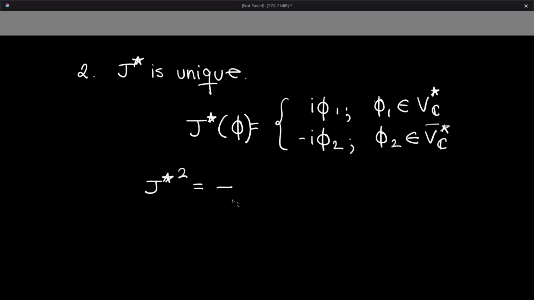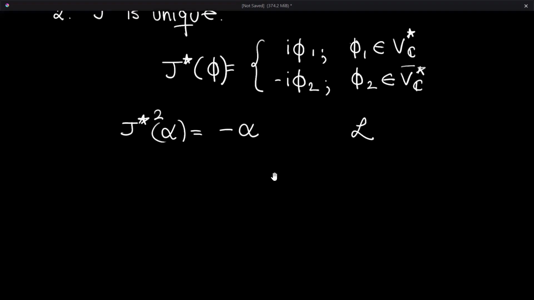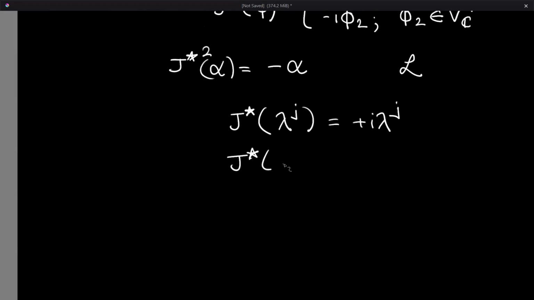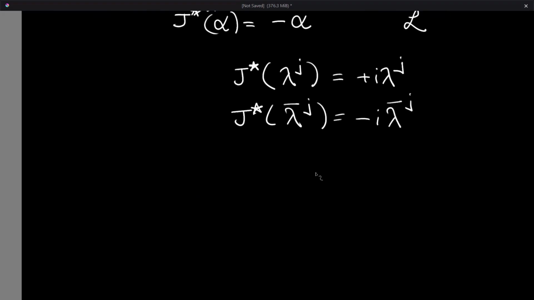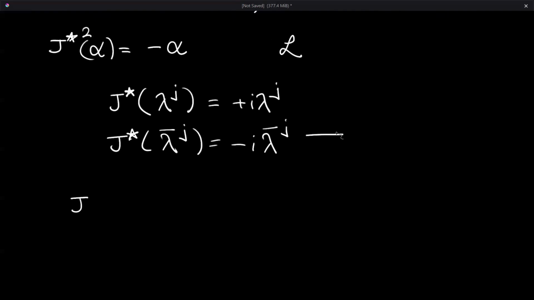We start with this, and we know that there's an eigenbasis, which I'll just call L. We also know that J star acting on lambda J from this eigenbasis is equal to plus i lambda J, and J star acting on lambda bar J is equal to minus i lambda bar J. Let's see what happens. We also know that these are bases.